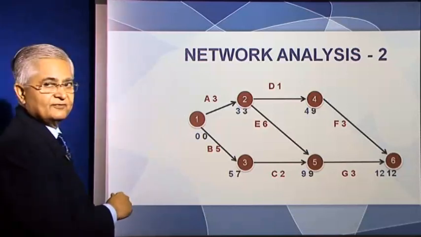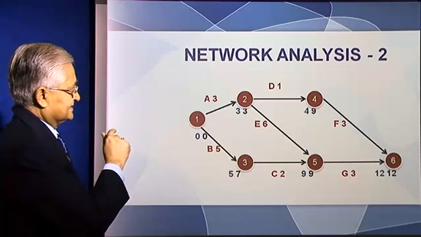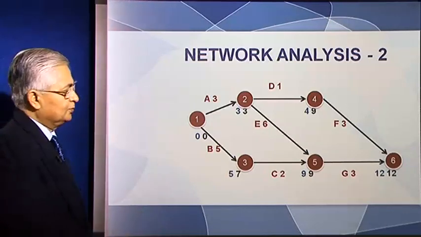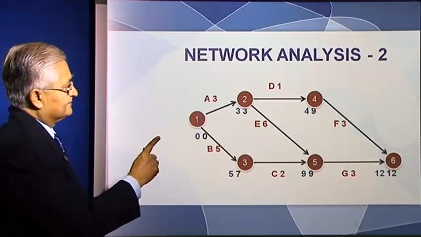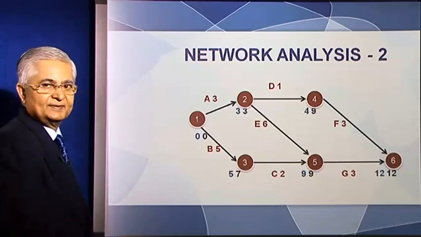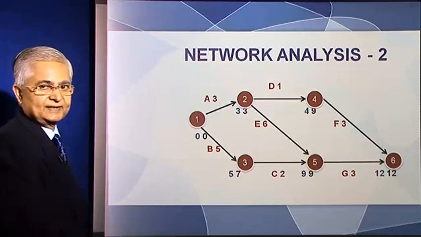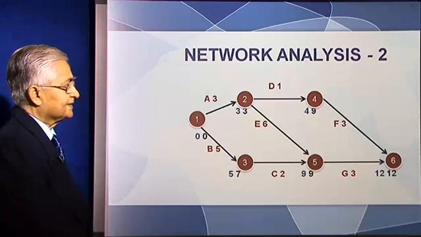And the third way of reaching it is 1, 3, 5, 6. So there are 3 ways of going from 1 to 6. Now you will see that 1, 2, 5, 6 is the longest path, and it takes 12 months to do that. So this longest path is called the critical path.